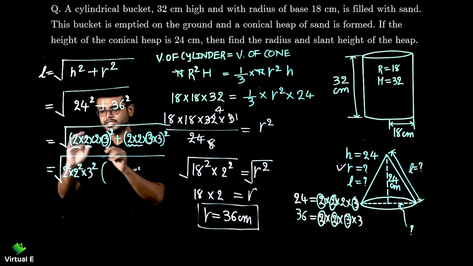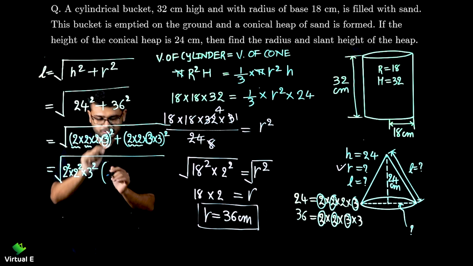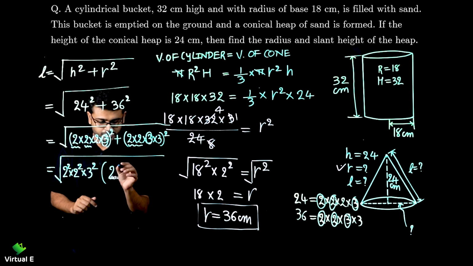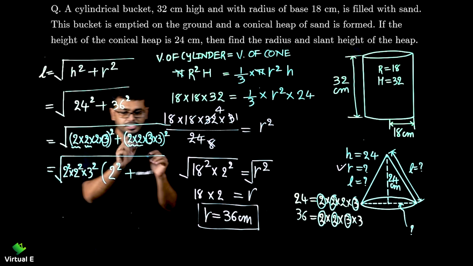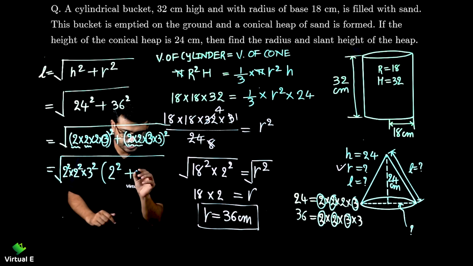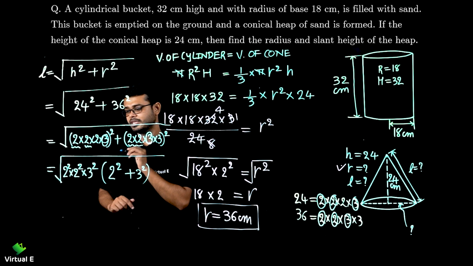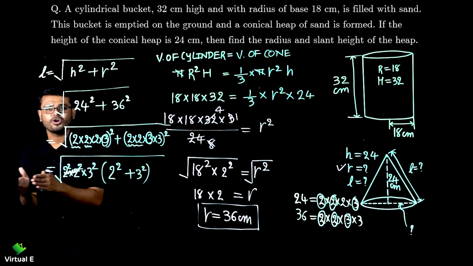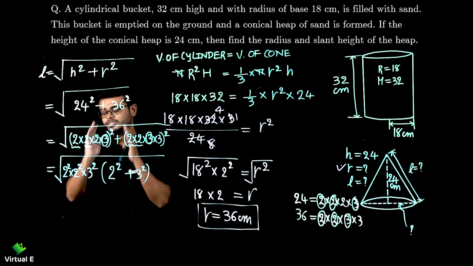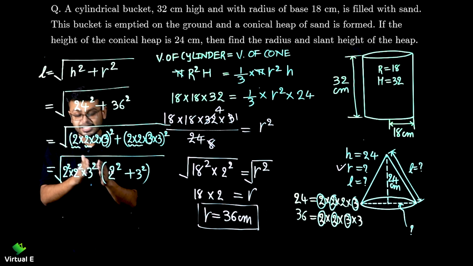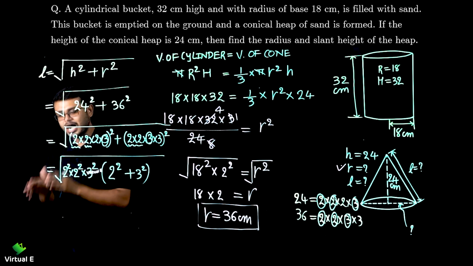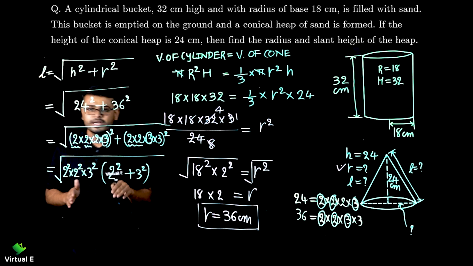What's left? This 2 is gone, this 2 and this 3, so only 2 square, plus here also this 2, this 3 is gone, so only 3 square. Done. Now if I take these numbers out of the square root, this square root will be removed.